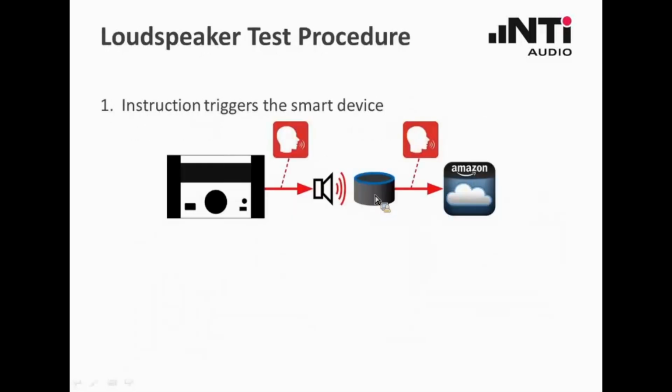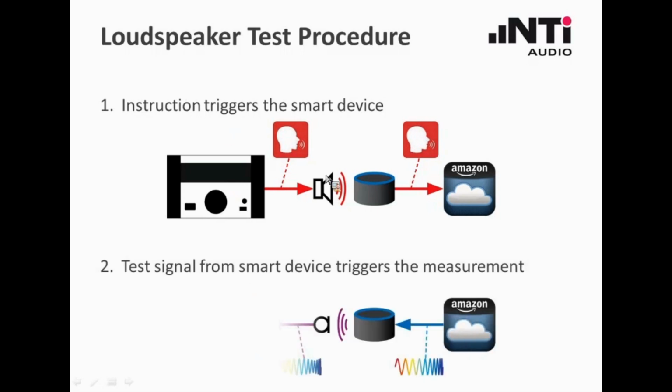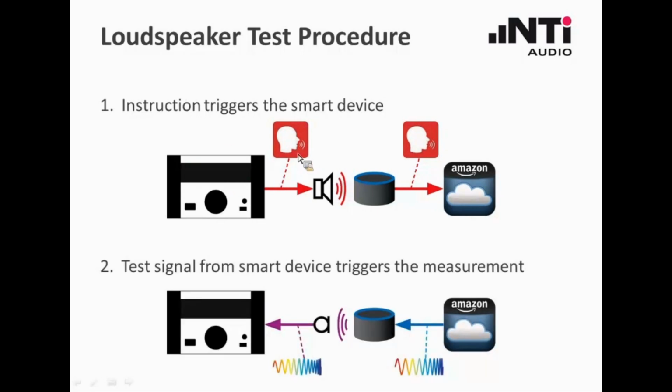Now let us take a closer look on the test procedure. And actually what I'm showing you here is the same what you will see afterwards in the practical presentation. We start with the first step, which is a spoken instruction, which triggers the smart device, and this item then forwards this instruction to the cloud, and the cloud reacts by playing back the test signal, because we want to measure the loudspeaker of the smart device.